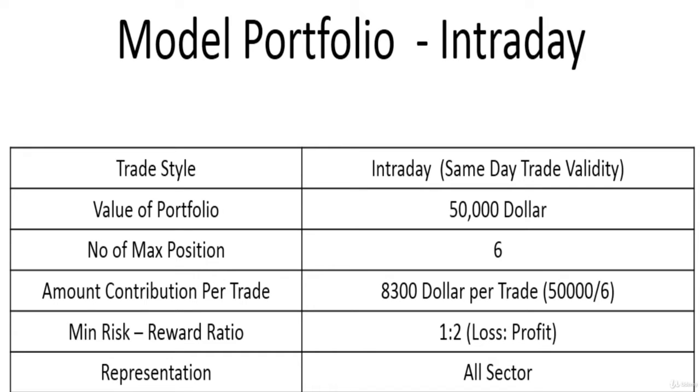Number of maximum positions in the portfolio is 6. Amount contribution per stock is $50,000 divided by 6, that means approximately $8,300 per stock. Minimum risk reward ratio that we have to maintain is 1:2, and representation will be given to all sectors.